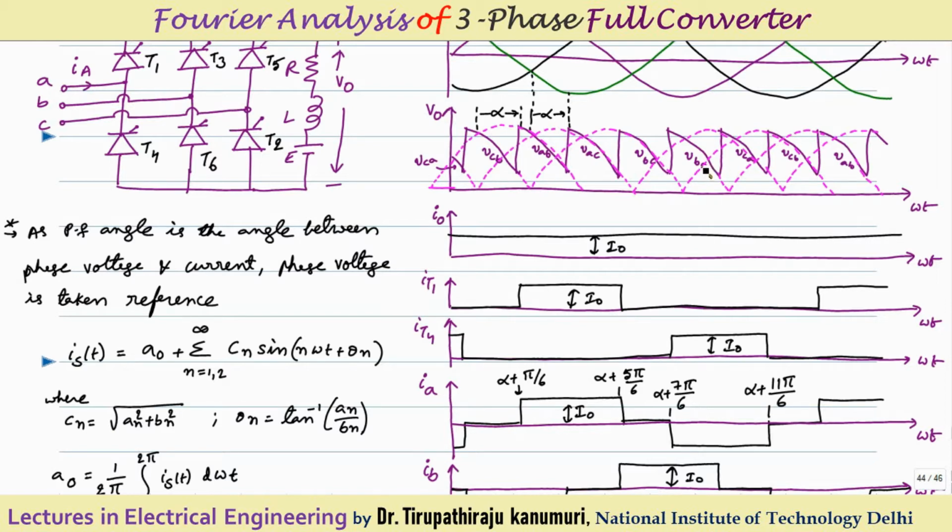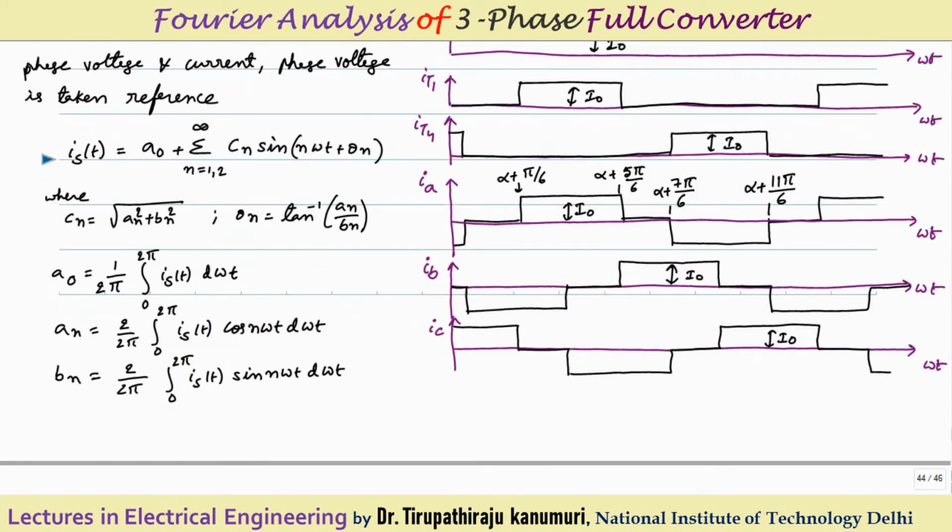So in VBA and VCA, during this duration the current will be negative. This one is conducting for 60 degrees and this one for 60 degrees, so in total 120 degrees positive and 120 degrees negative out of the total 360 degrees. So this is my source current.